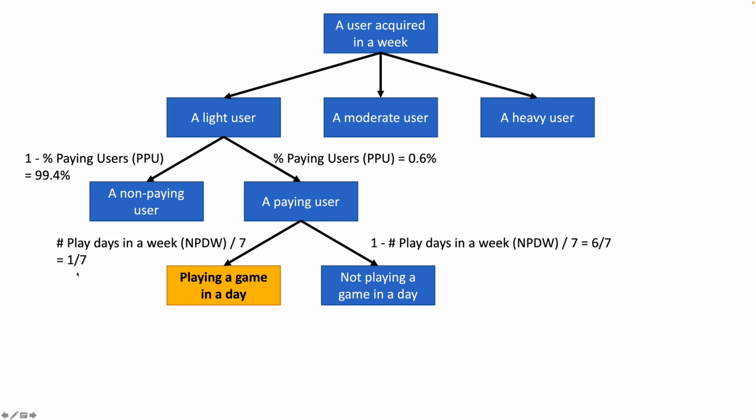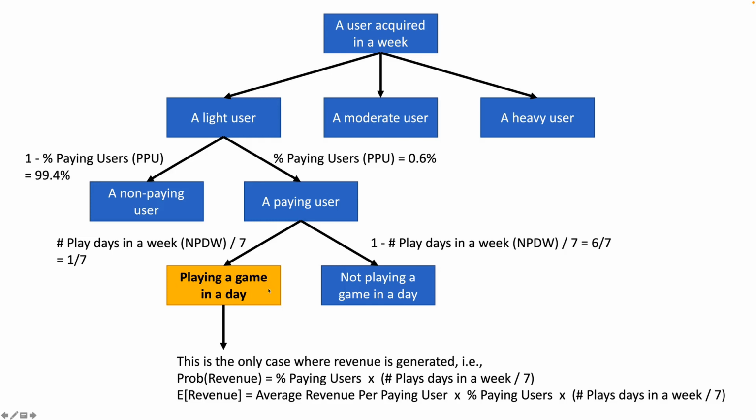That's the probability of playing the game in a day. And on the other days, this user is expected to not play the game. So this is the only case where revenue is generated from this user acquired in a week.